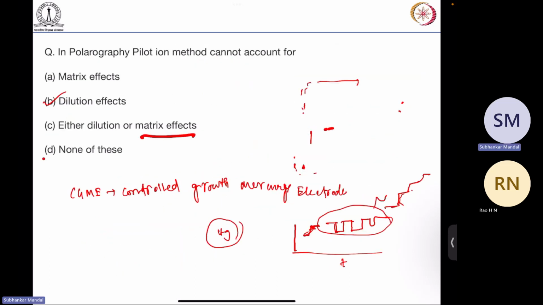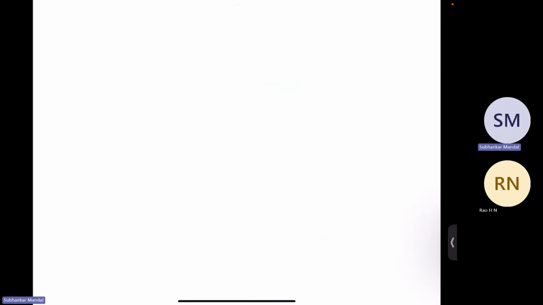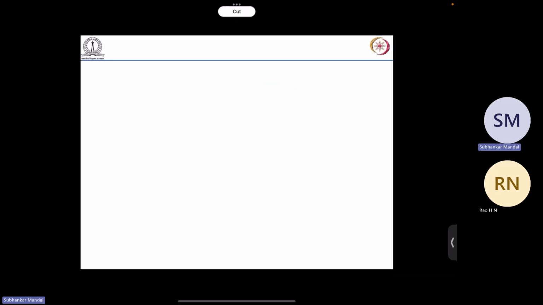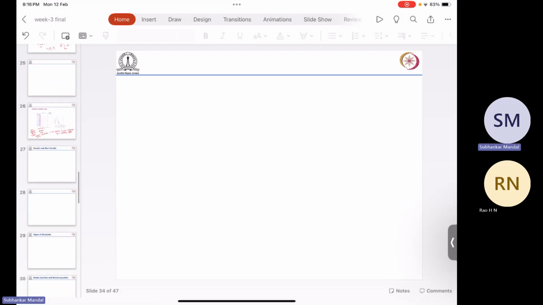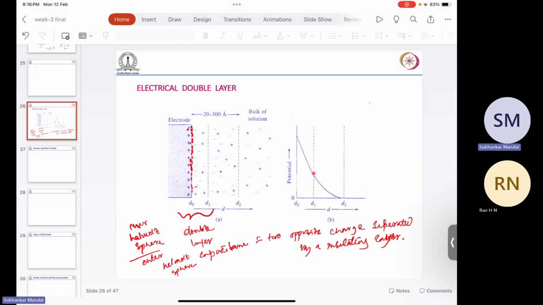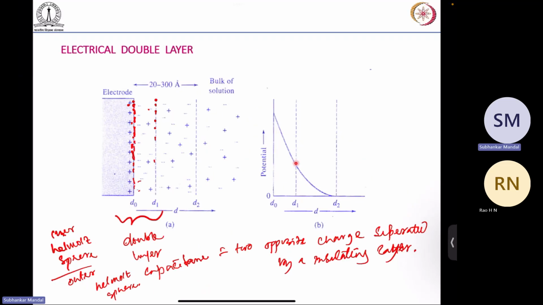Okay, just a minute. I will come to your point also. So here you can see that this is the double layer. Positive charge is there and negative charge is there, which are in close contact with each other. So this is called the double layer, no?